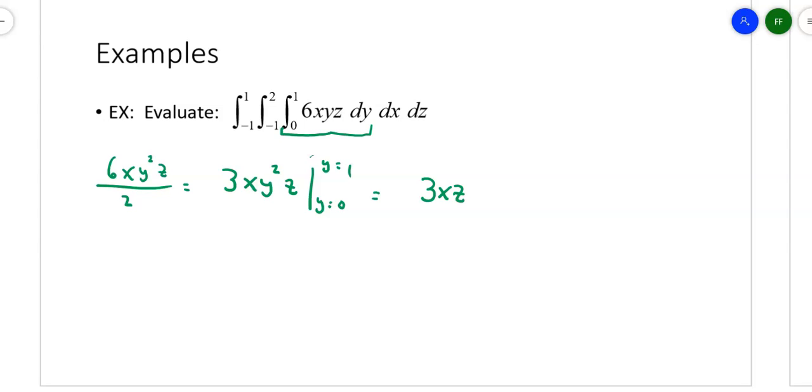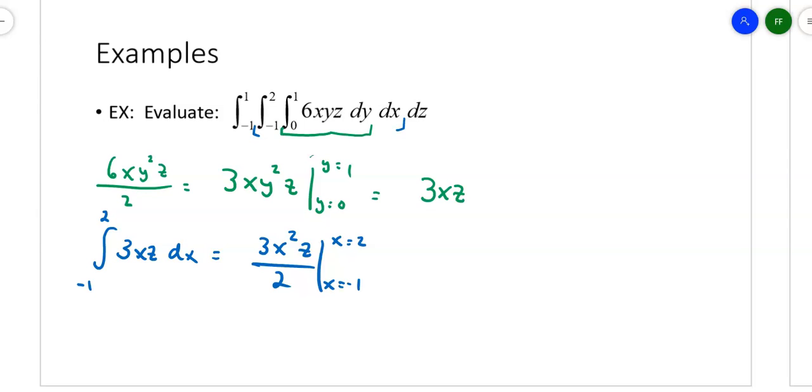All right, so now the second step is integrate with respect to x. So we'll integrate 3xz with respect to x from -1 to 2. Right, bump the power up by 1, divide by the new power, so I get 3x squared z over 2 at x equals 2 and at x equals -1.